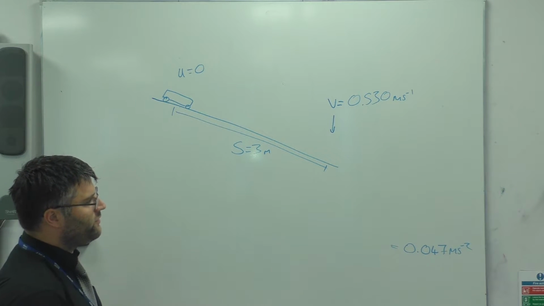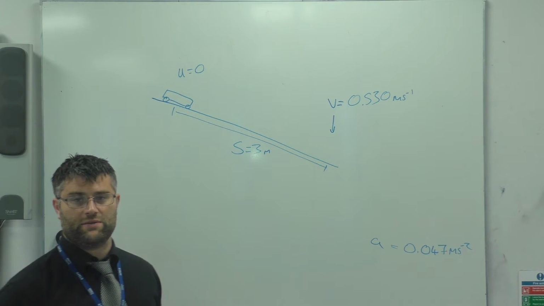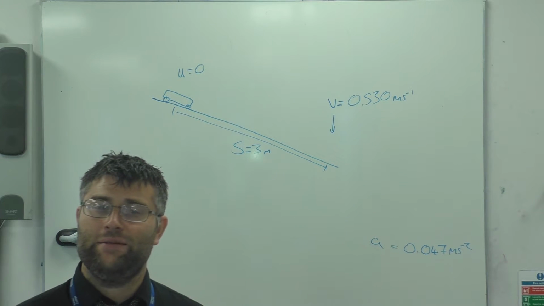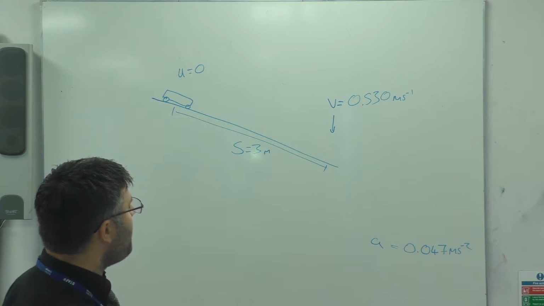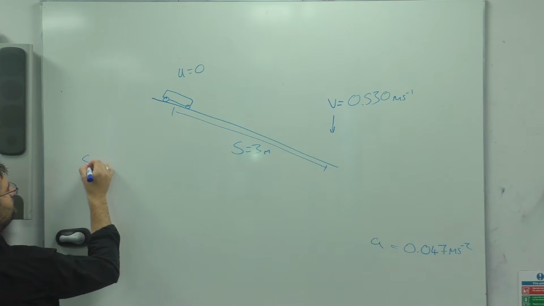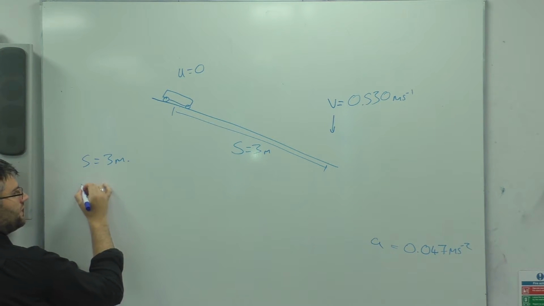Right, so we've got our final acceleration of 0.047 meters per second squared. Now I want to work out an uncertainty in my acceleration. So we've made a couple of measurements. We've measured the 3 meters, and we've measured a final velocity.